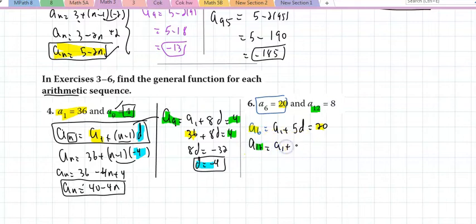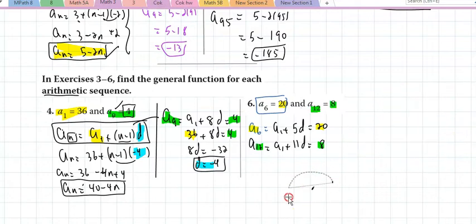That's a sub 1 plus 11 times d. And that equals an 8. Does that look familiar? This is like saying x plus 5y equal 20 and x plus 11y equal 8. Right? I could use elimination. I could use substitution. I could solve any way I learned.